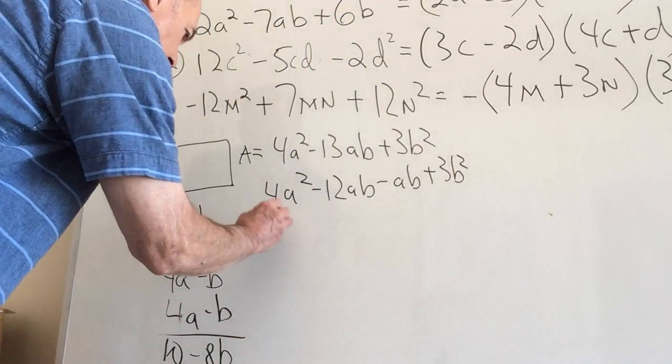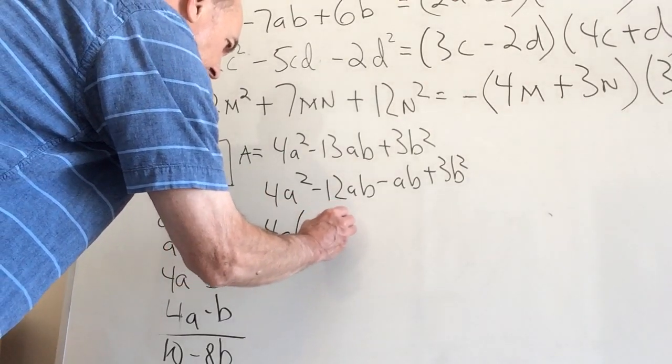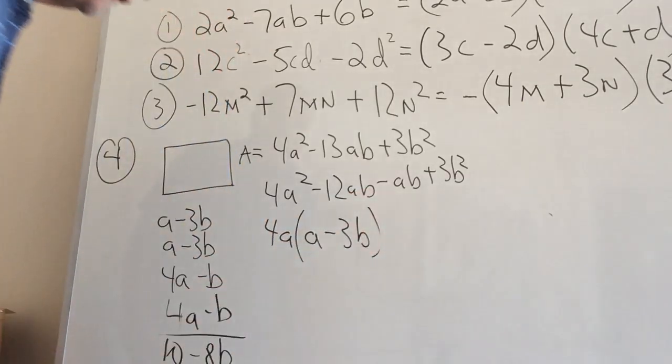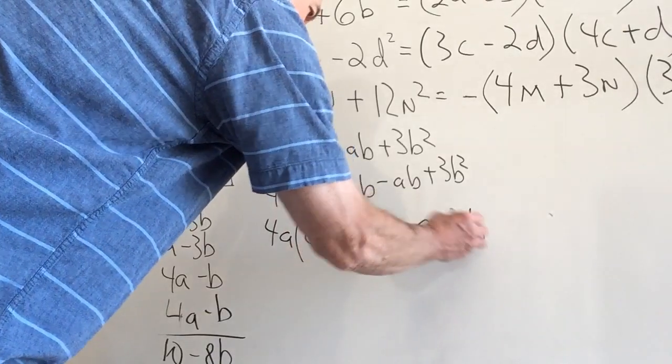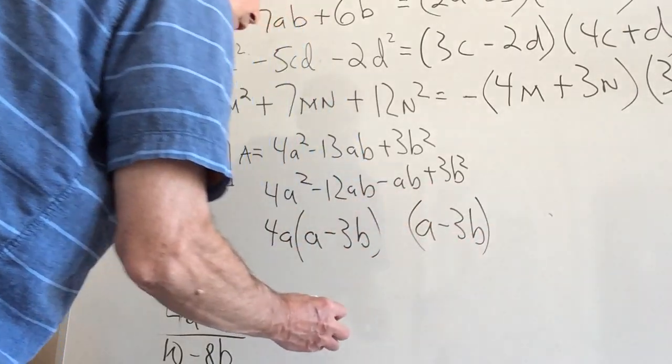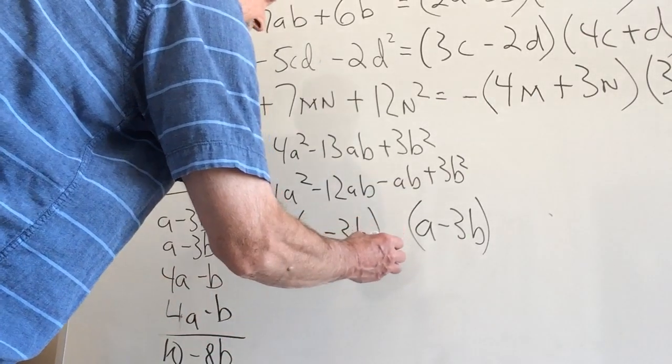And now I factor out the 4a, and I work backwards. Again, checking myself at all times to make sure I don't make a mistake. And then I repeat what I did over here. And of course, we're expecting the 3 to work.